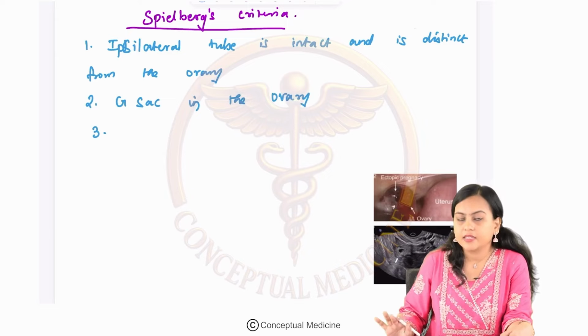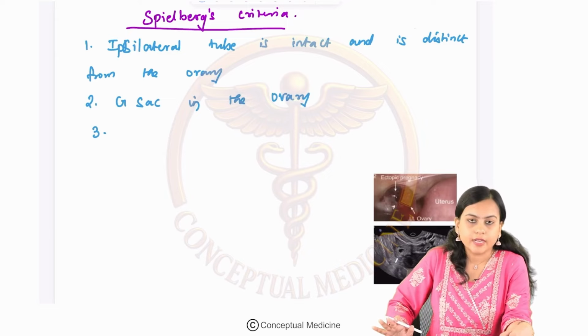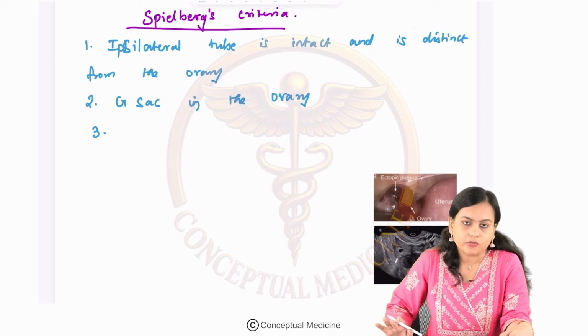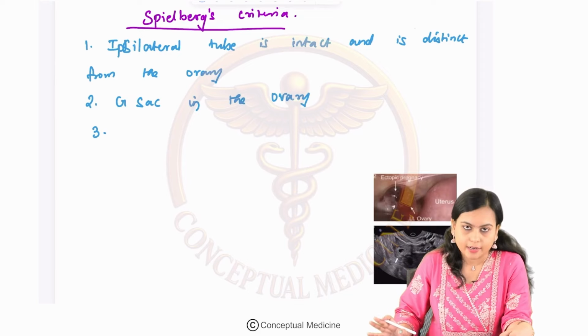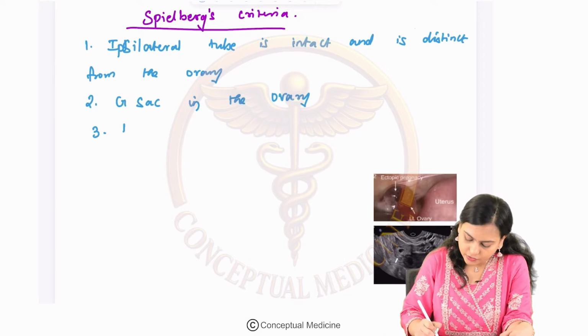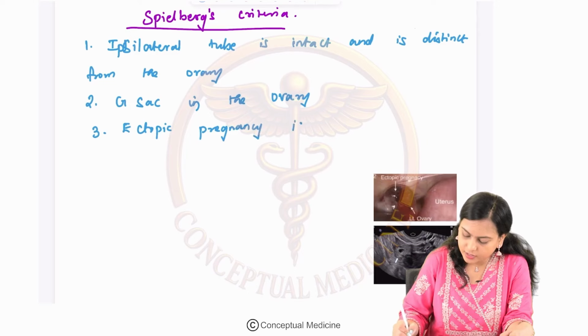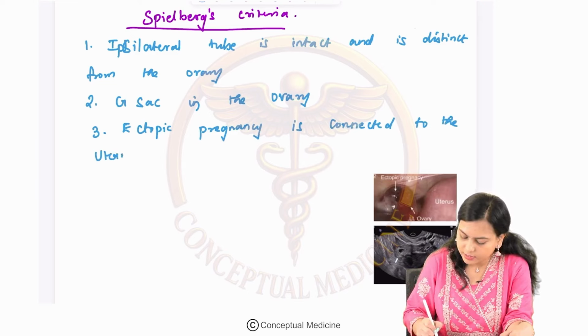And this ectopic pregnancy in the ovary should be connected to the uterus by the utero-ovarian ligament.